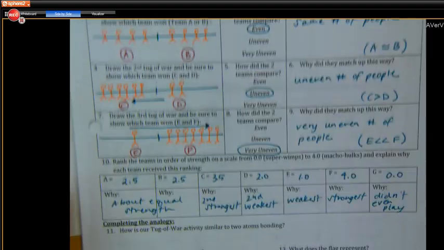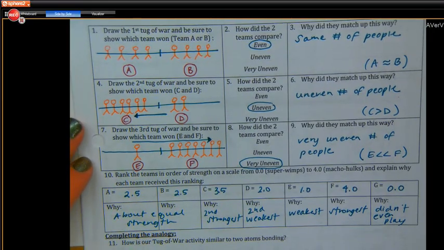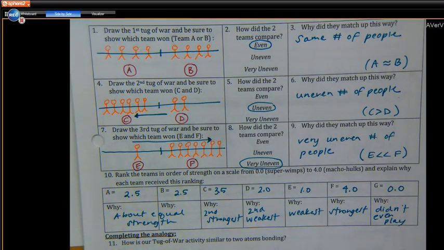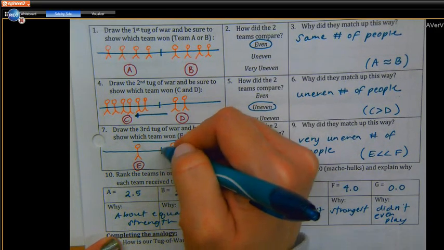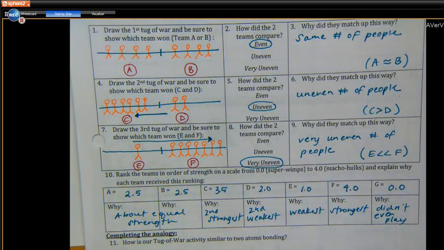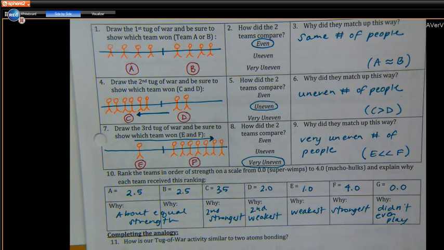And so in our tug of war, the two teams are fighting over a rope like two atoms fight over electrons in a bond.